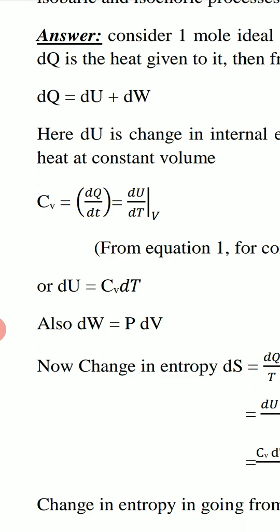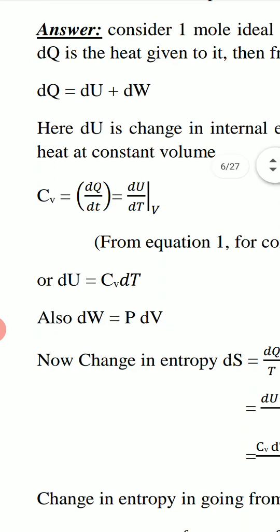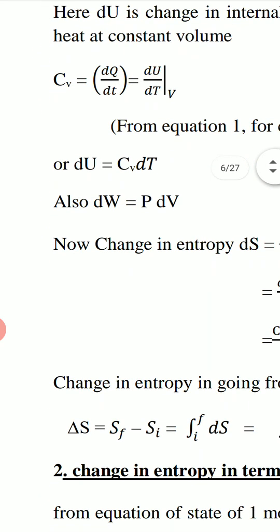So Cv now becomes equal to du upon dT at constant V. We put dq equal to du. This gives expression for du, and du is equal to Cv dT.